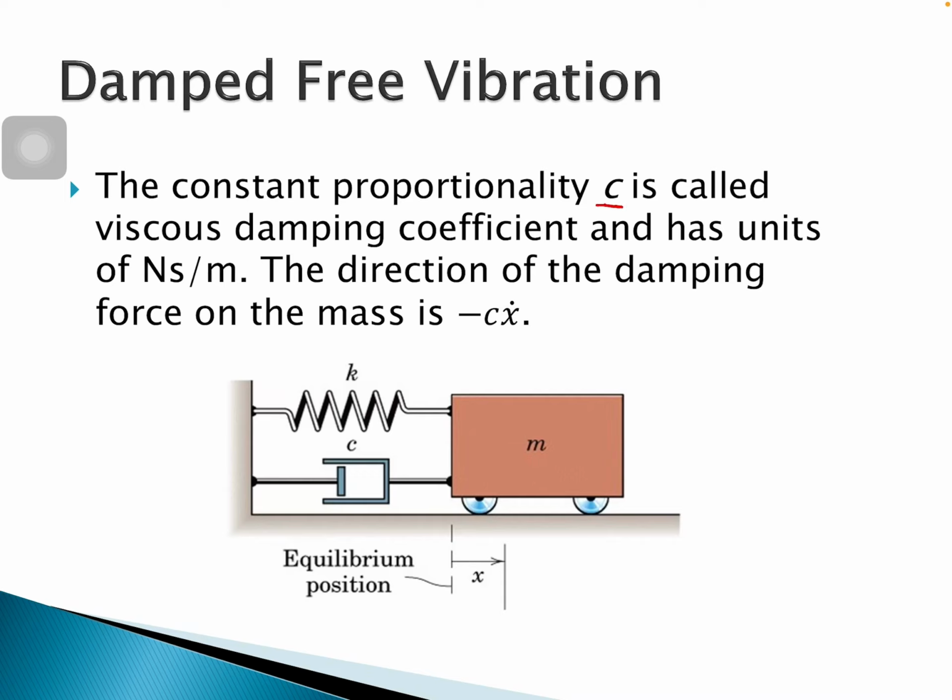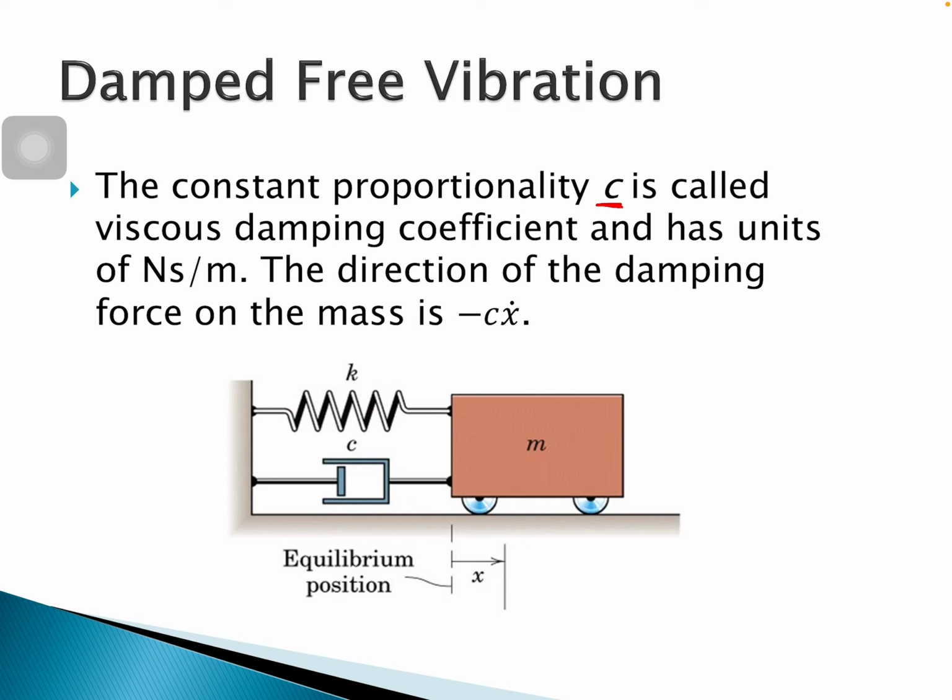C is the viscous damping coefficient, or damping coefficient for short, and its unit is Ns/m, which is actually Newton per velocity. The direction of the damping force on the mass is negative c x dot.